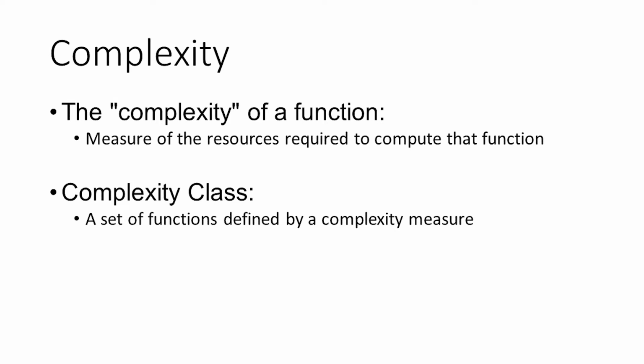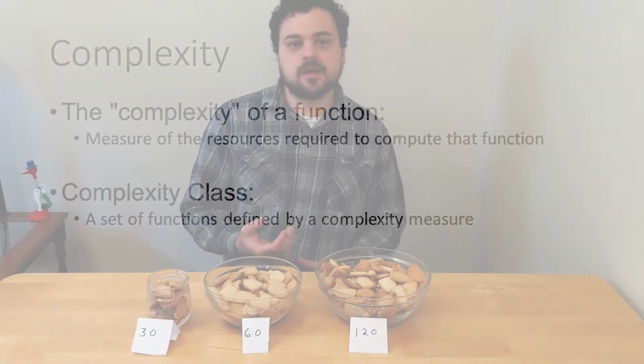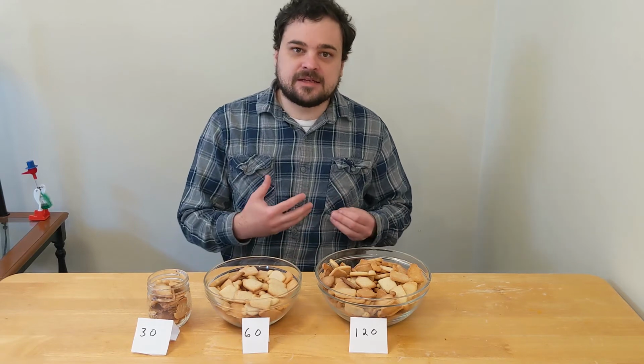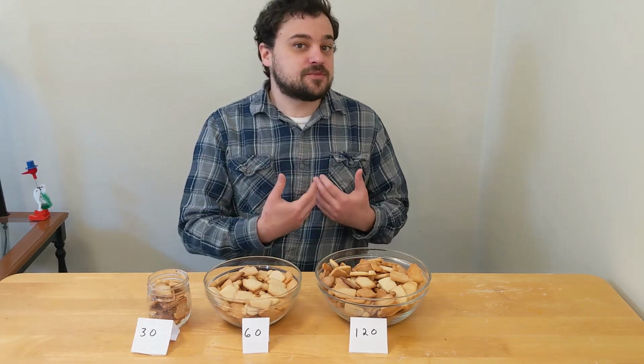And these can be really useful if we wanted to, say, compare the hardness of different functions. So we know that some functions are harder than others, but what do we mean when we say harder? With complexity classes, we could say, well, function f is going to be harder than function g because f has higher complexity, meaning it requires more NAND gates, for instance.